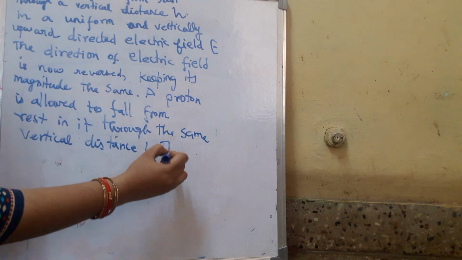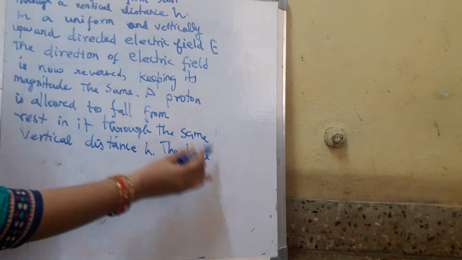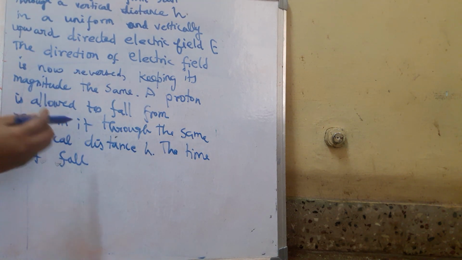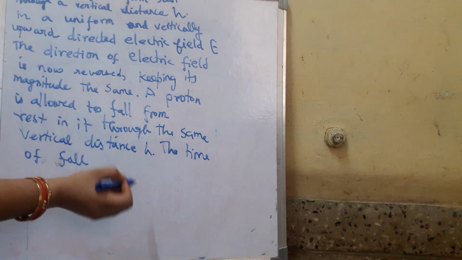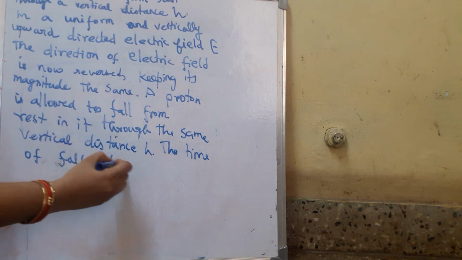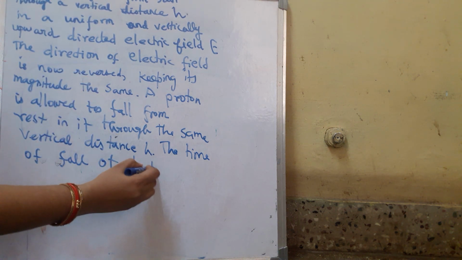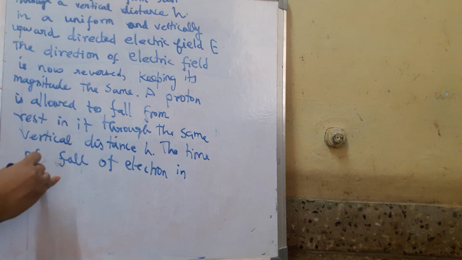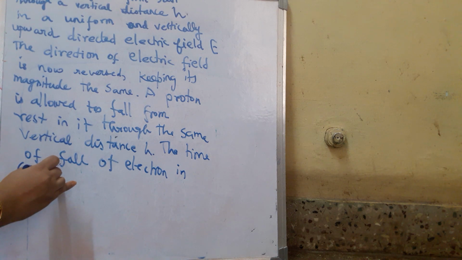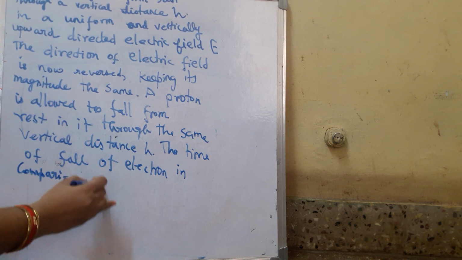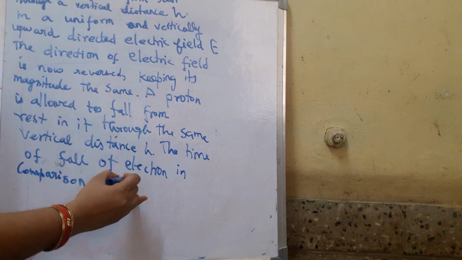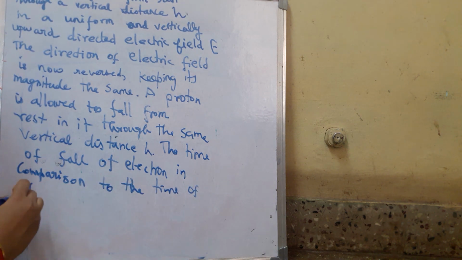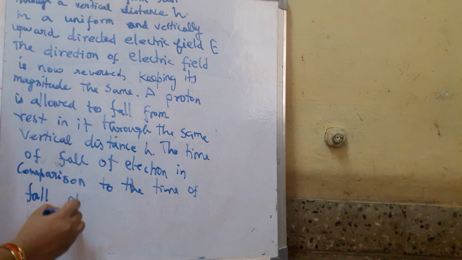The time of fall of the electron in comparison to the time of fall of the proton is.